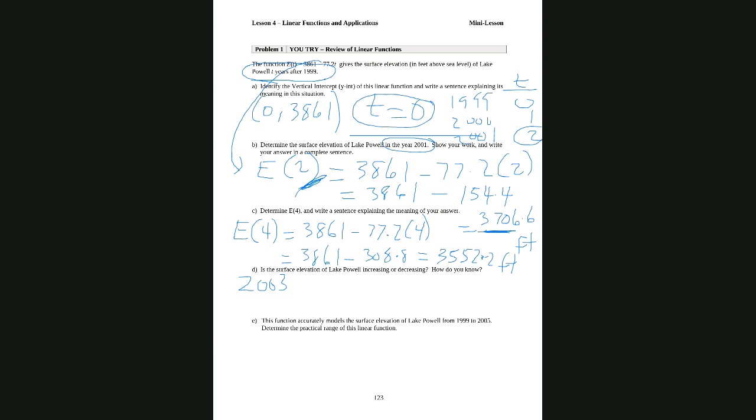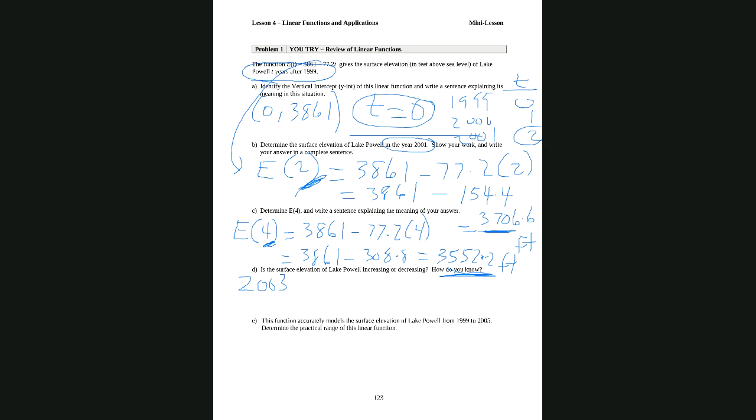When t was 4, we have 3552.2. So it's decreasing as the years go by. Now again, if we go back to what we started with, when the slope is less than 0, the graph would decrease.